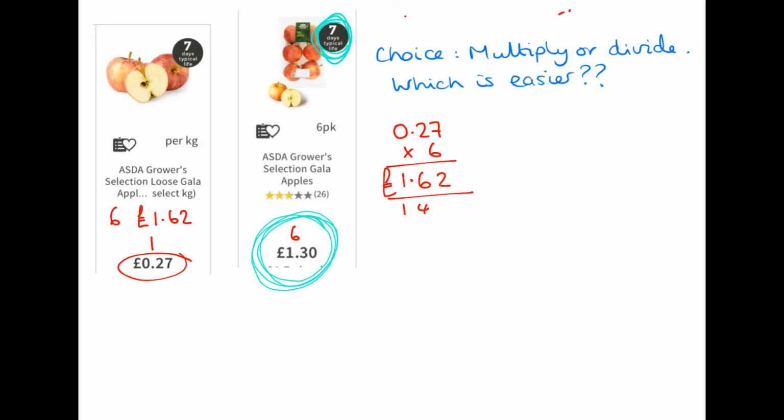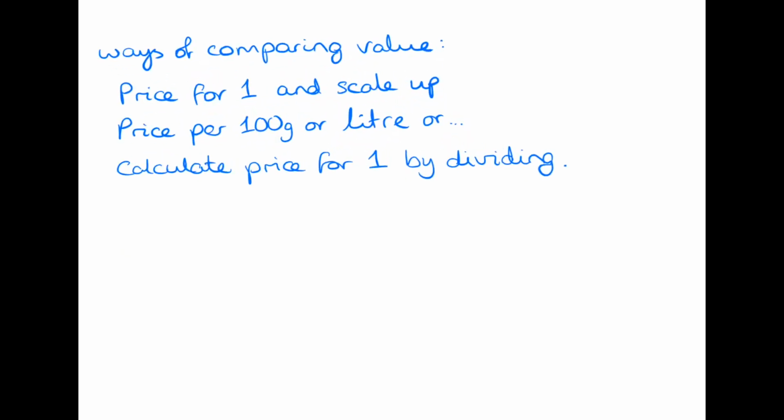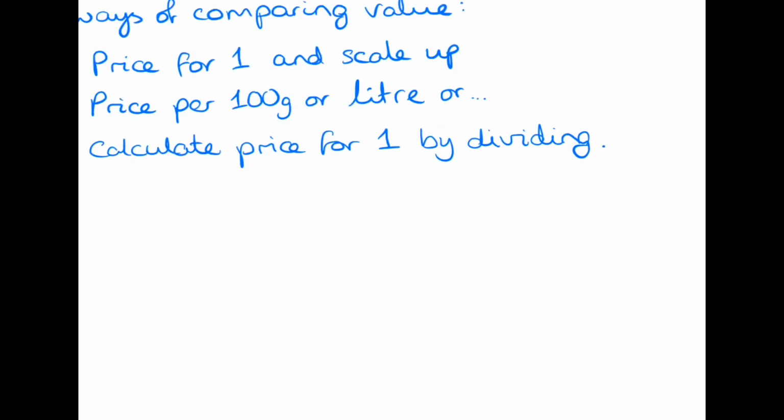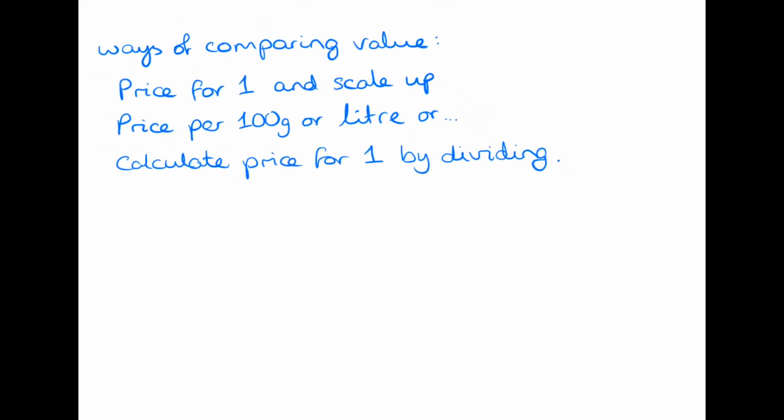And then we're just going to have one more thing to think about, which is the ways of comparing value. What we looked at just then with the apples was looking at the price for one and then scaling it up. We can look at price per 100 grams or per litre or per 4 toilet rolls.